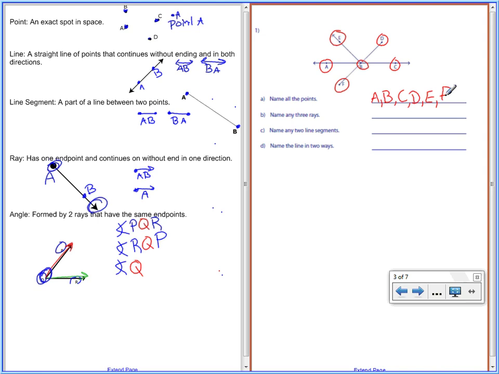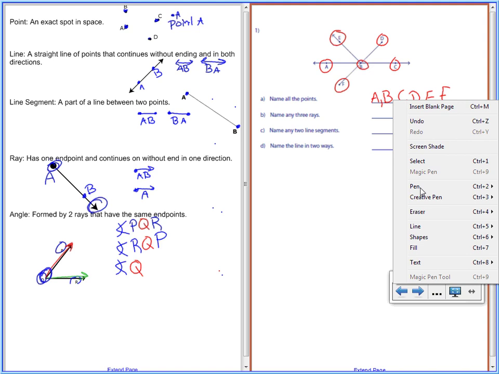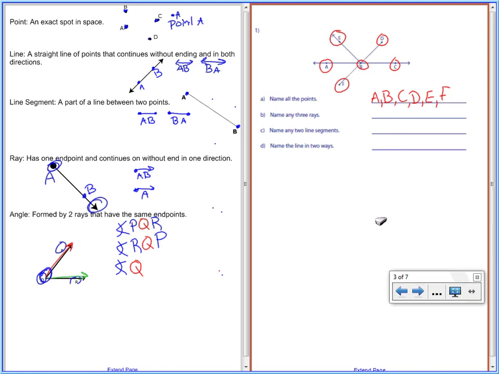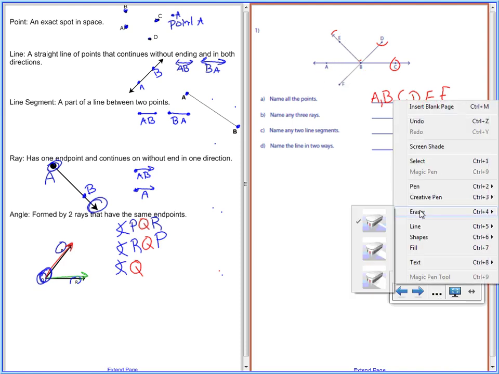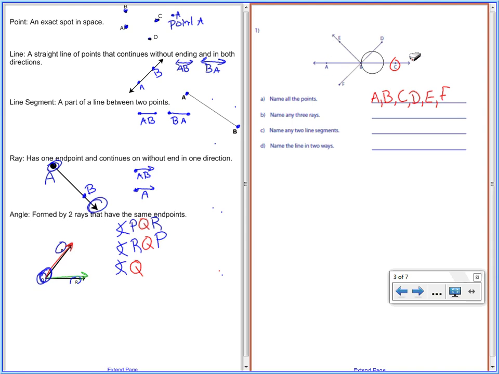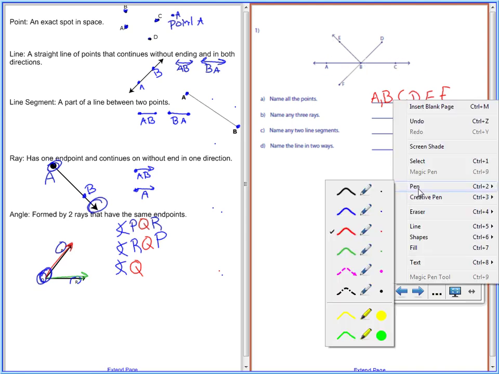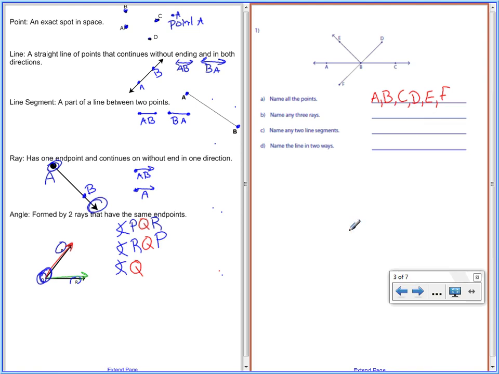So those are all the points on this figure. Now, the next question says to name any three rays. Now, there could very possibly be more than three rays, and I could be missing one of the rays, but that's okay. So let's see here. I'm looking at endpoint B here. I could go this way with it. See how it has an arrow at the end of it?